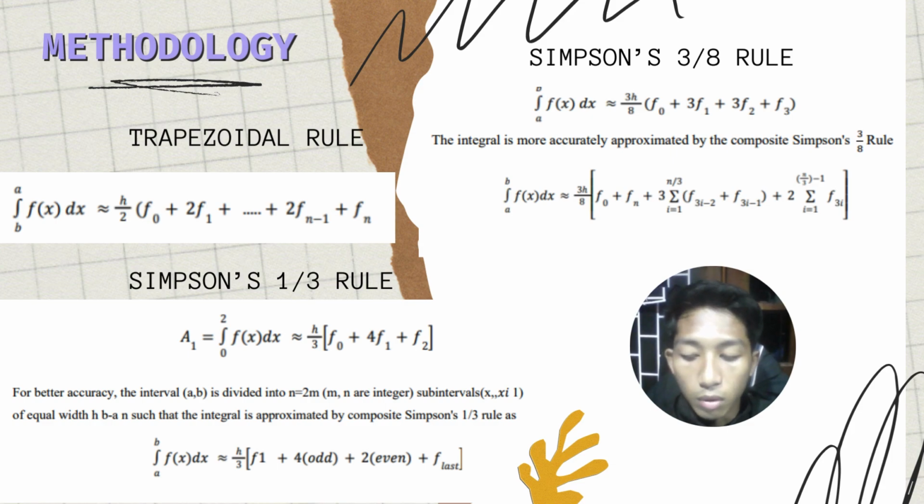This rule does not provide the exact number as Simpson's rule does. This is caused by the fact that Simpson's rule employs quadratic approximation rather than linear approximation.